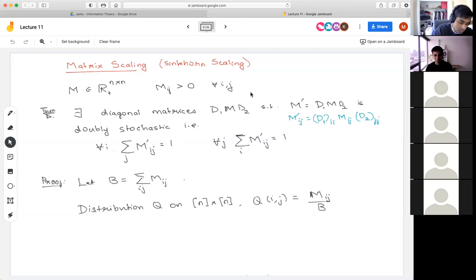So you choose a fixed number depending on each row and a fixed number depending on each column and multiply entries that way. And the nice thing is we can claim that the matrix becomes doubly stochastic.